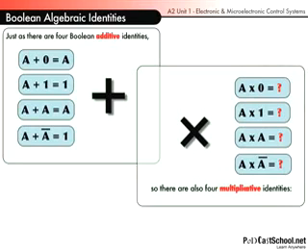And just as before, these are AND functions. So that would be A and 0, A and 1, A and A, and A and A bar. Okay, so this is what we're going to try and find out.